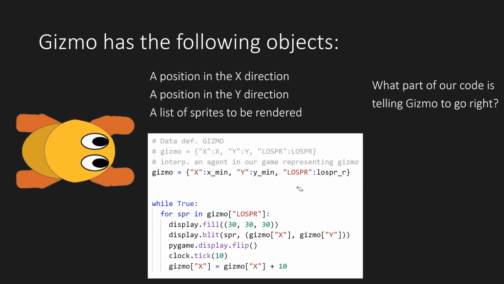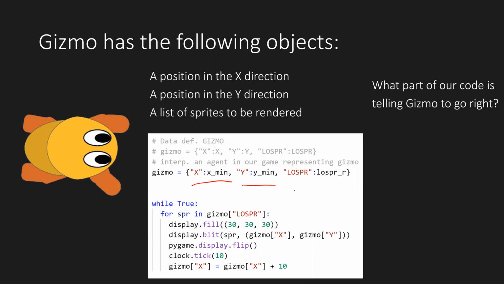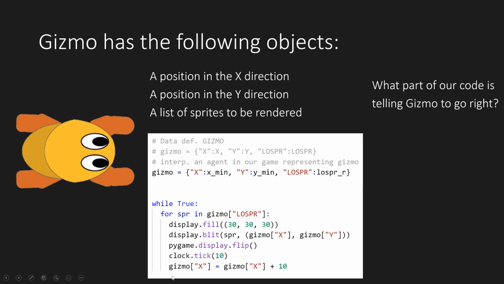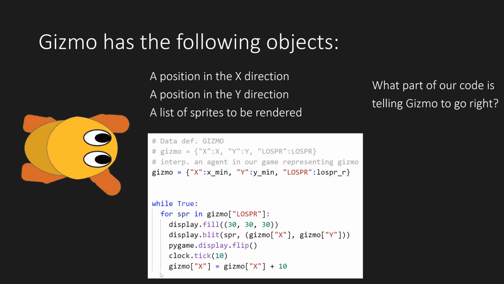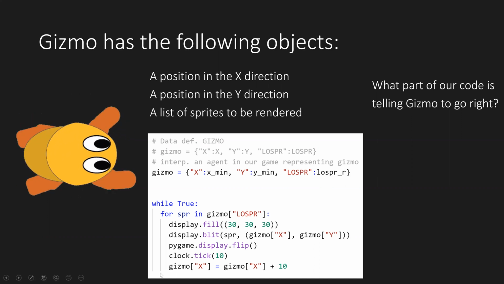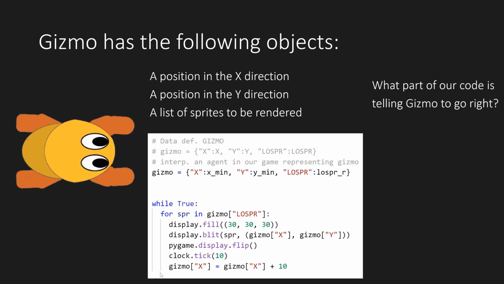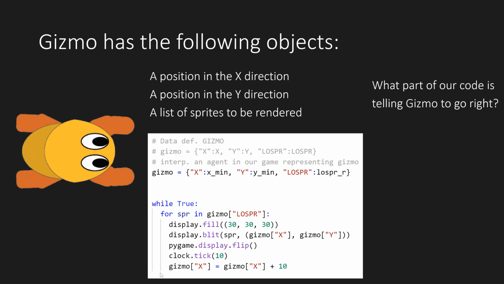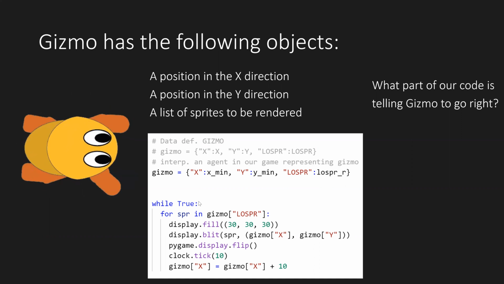Which of these three definitions, X, Y, or list of sprites, is telling Gizmo to go right? And the possible answers are obviously those three, but there is a fourth answer, which is none of them. What is the right answer? Is it X? Is it Y? Is it list of sprites, or is it none of them?